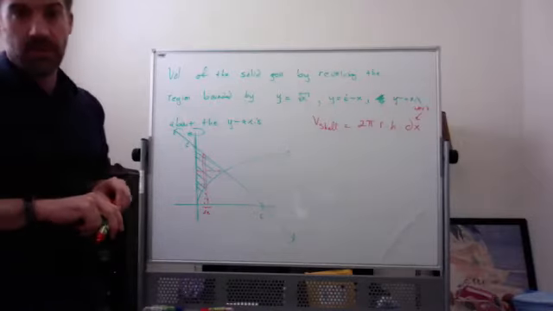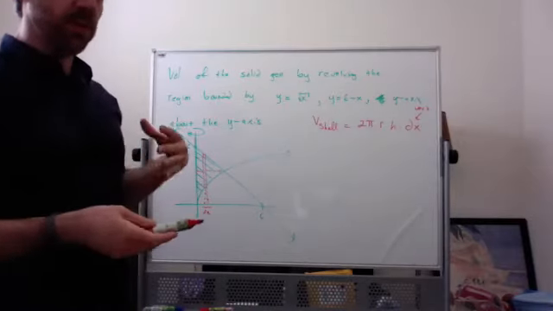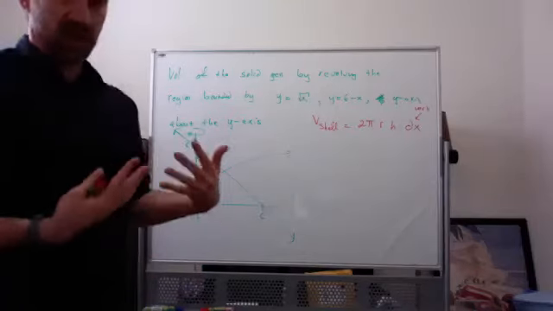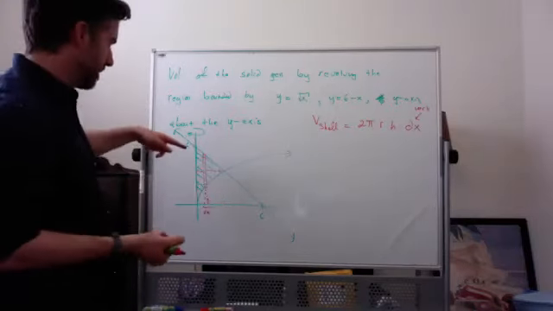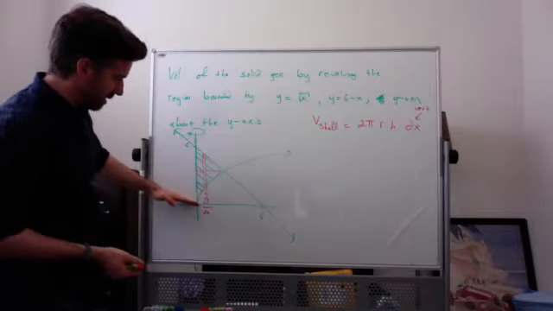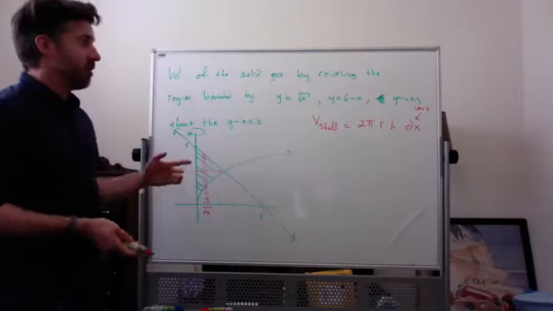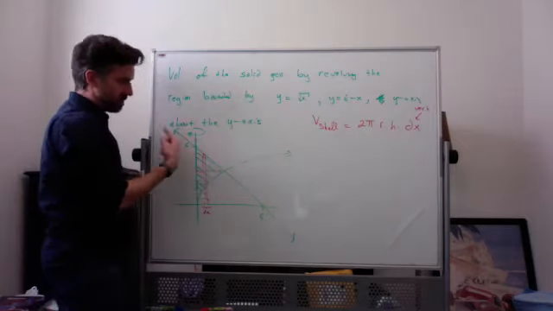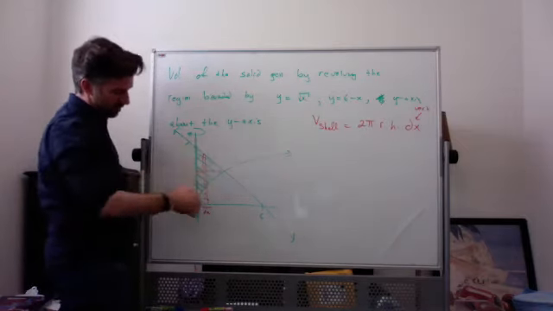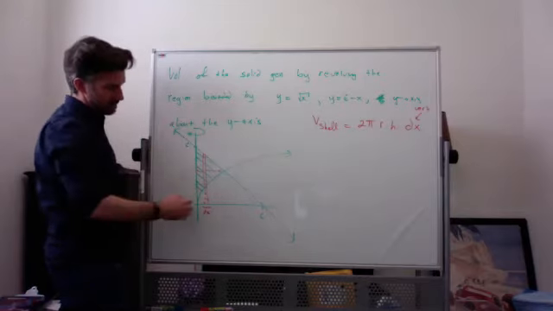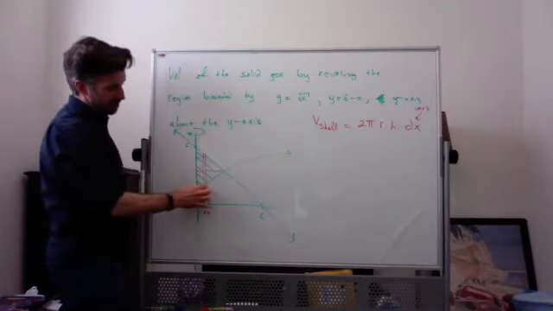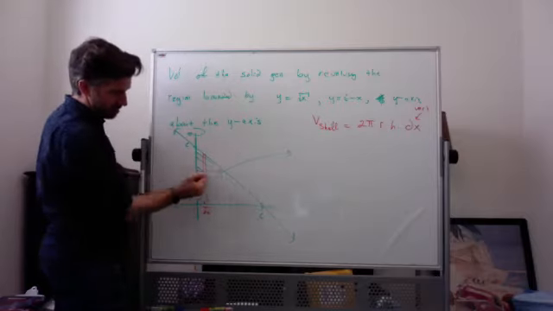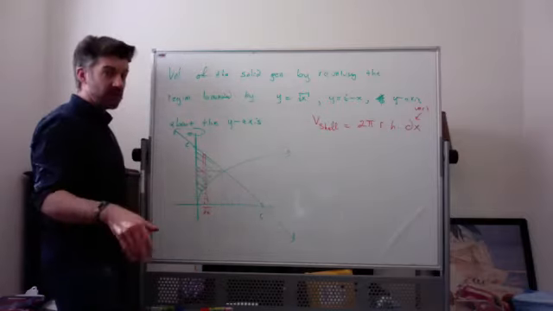So our job for the shell method is to identify what the radius is and what the height is. Unlike the washer method, where the radius is how far the top is from the axis and the bottom is from the axis, for the shell method, the radius is how far the strip is from the axis of rotation. So this entire strip being parallel to this axis is how far away from the axis? Well, it's x away, where x is going to be between whatever limits of integration we've got here, which we haven't found yet.